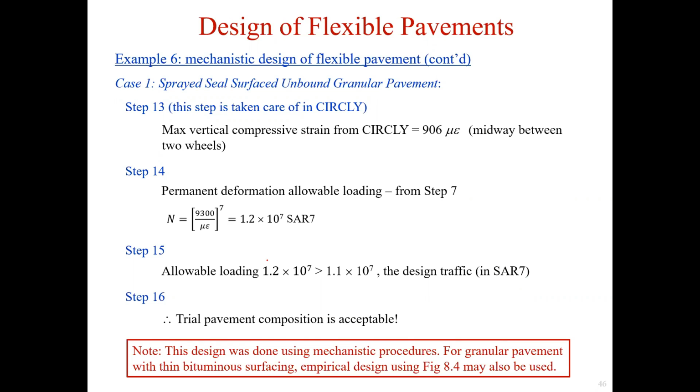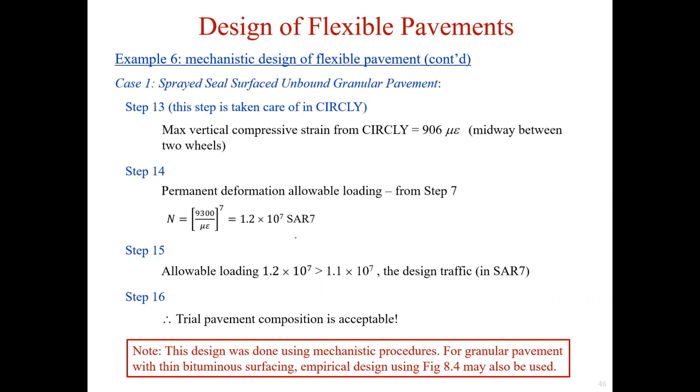Step 14 is to calculate the permanent deformation allowable loading from step 7 in combination with the above maximum compressive strain. The result is 1.2 times 10 to the power of 7 SAR7. Step 15 is to compare the allowable loading with the design traffic.